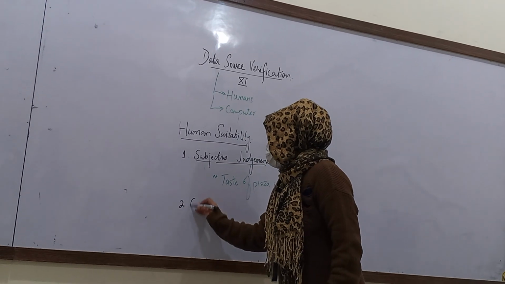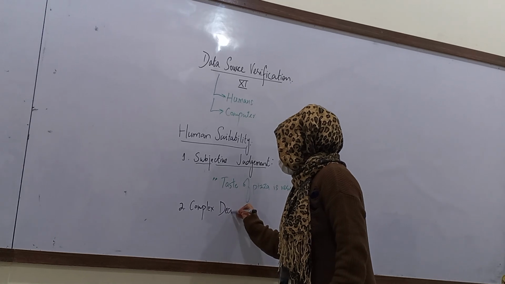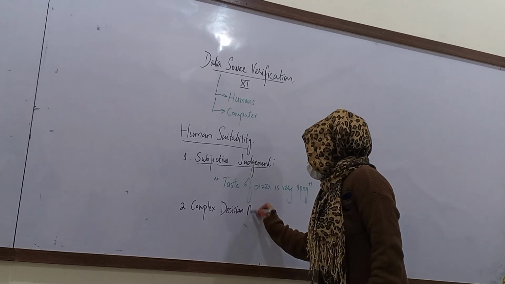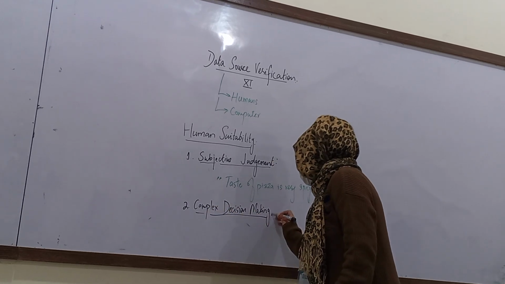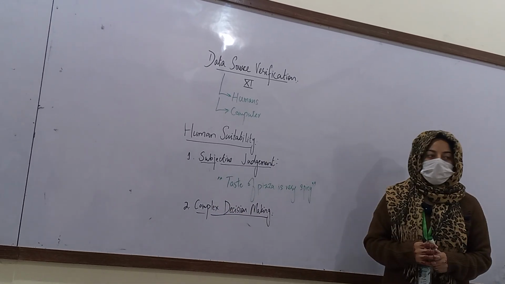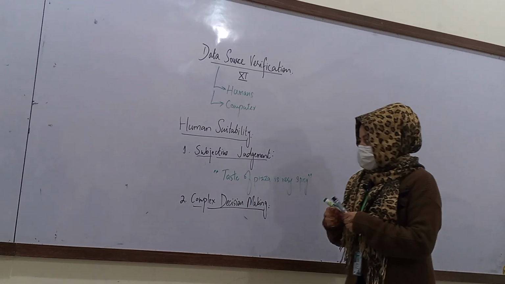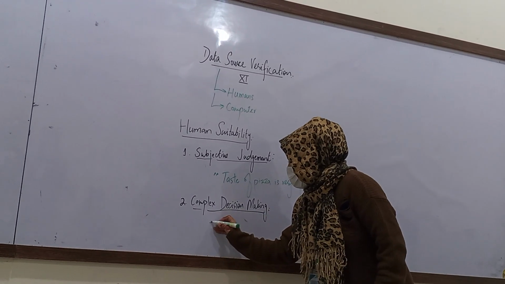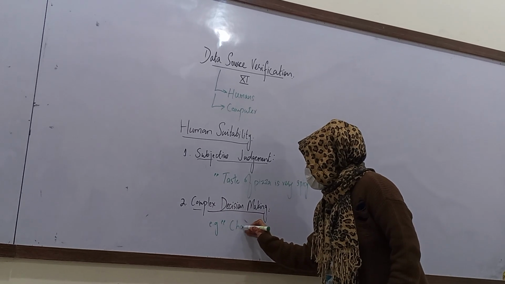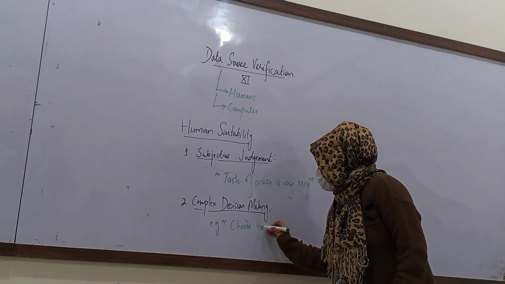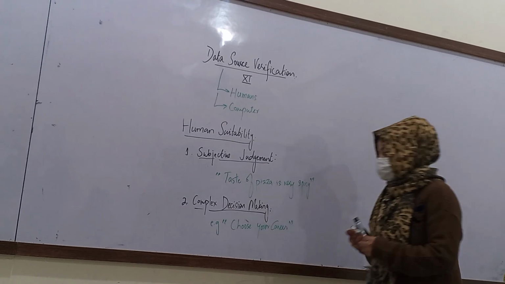Second process, complex decision making. Why do we say that in complex decision making, humans are more suitable, not computers? Right? We will again understand it with an example. For example, you have to choose your future career.